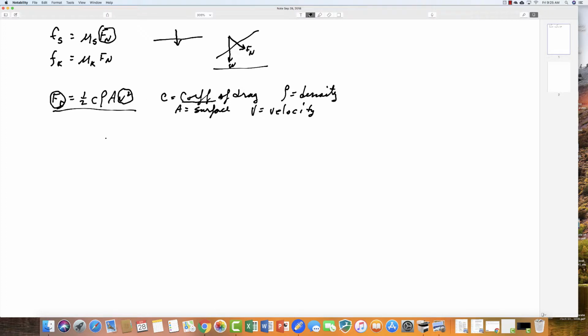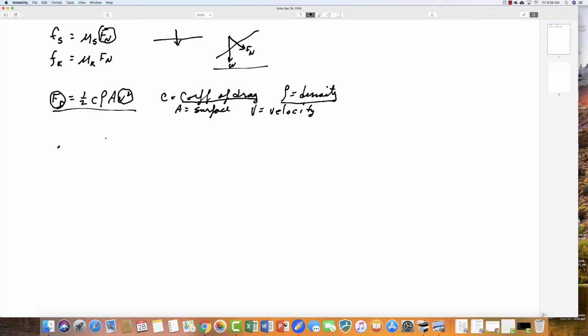And there's a table in the book, I think it's table 2 or 3, where the coefficients of drag of certain materials are given, or certain cars, and so forth. And density, sometimes you have to look up density on Google or on the internet. And many times the problem will give you the surface, but there are also tables to look at surfaces depending on what the situation is.